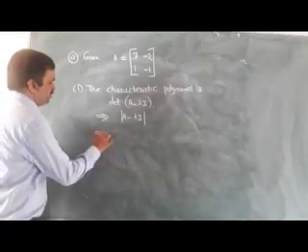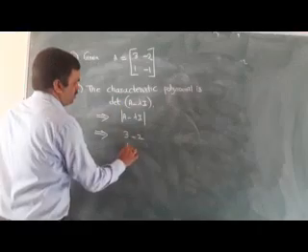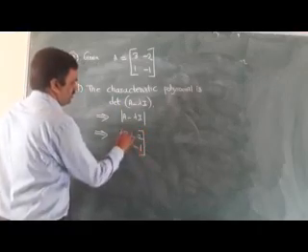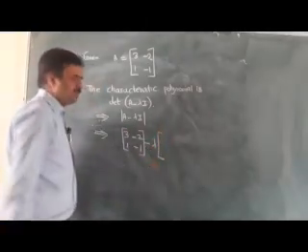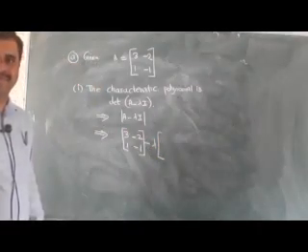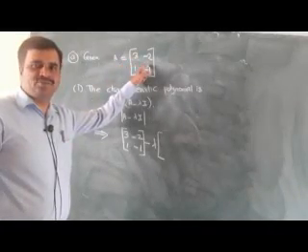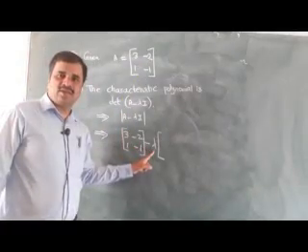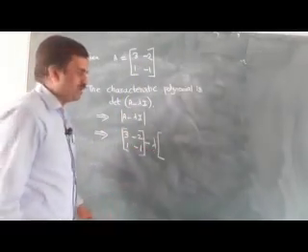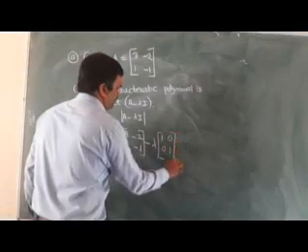Matrix A is 3, minus 2, 1, minus 1, minus lambda times the identity matrix 1, 0, 0, 1.